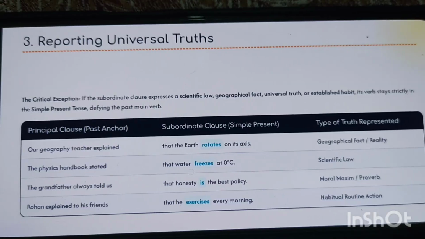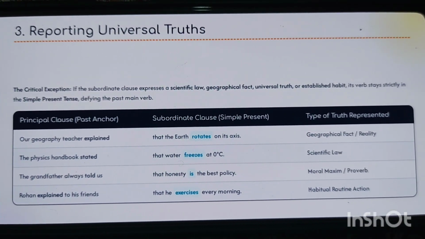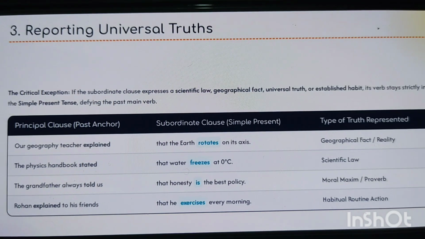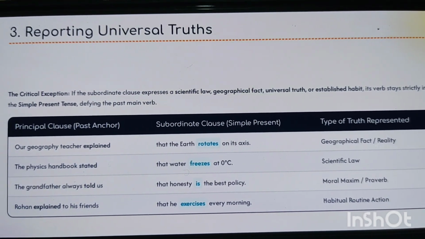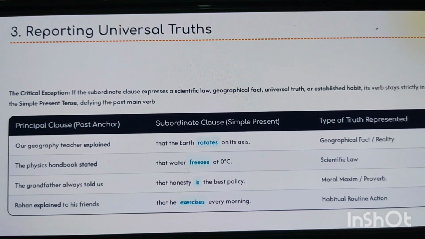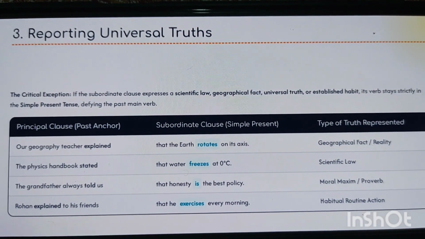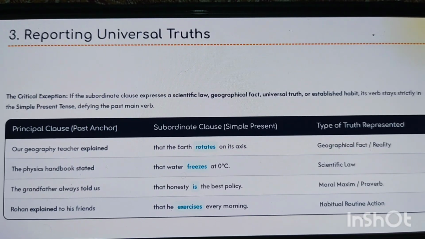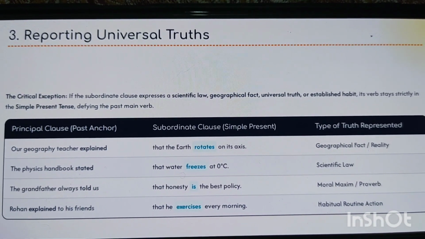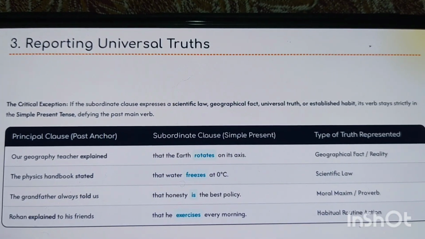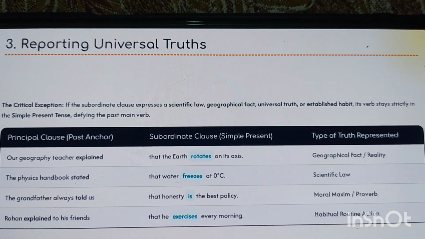Reporting universal truth is our next rule. If the subordinate clause expresses a scientific law, geographical fact, universal truth, or established habit, its verb stays strictly in the simple present tense, defying the past main verb. For example, our geography teacher explained, in the past tense, that the earth rotates on its axis.